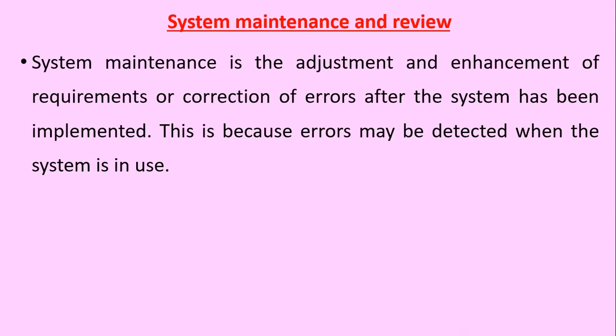Let's now look at system maintenance and review. System maintenance is the adjustment and enhancement of requirements or a correction of errors after the system has been implemented. This is because errors may be detected when the system is in use.